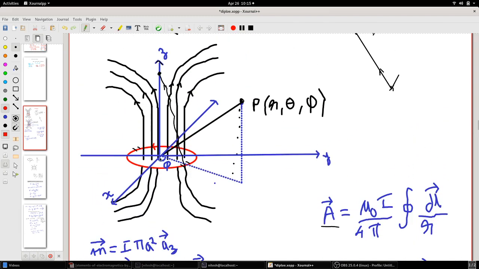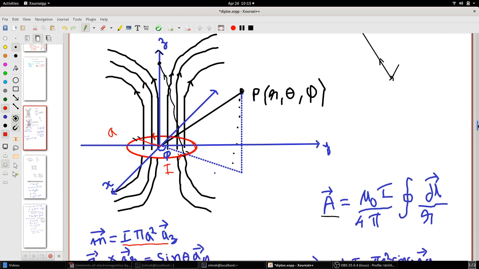If I assume that A is the radius of the loop, and I is the current flowing through it, and then if I curl my fingers in the direction of the current, I will get the normal. The normal for the magnetic dipole moment will be in the AZ direction. So I pi a square AZ is your magnetic dipole moment, M.